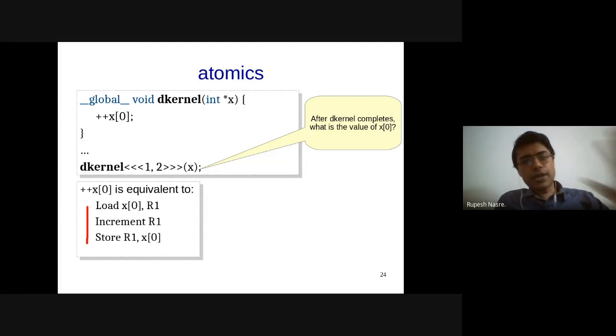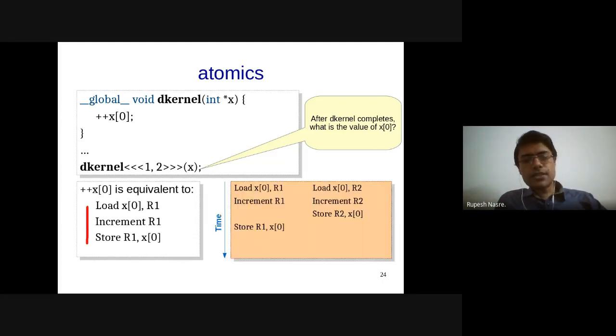So these 2 threads are completely independent. If you again plot the timeline, what can happen is that both of the threads load the values into their registers at the same time, both of them increment the value, and then one of them might store first and another might store later. That is one possibility.